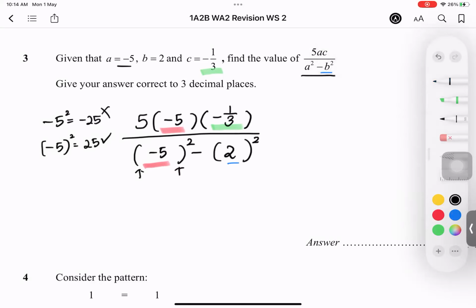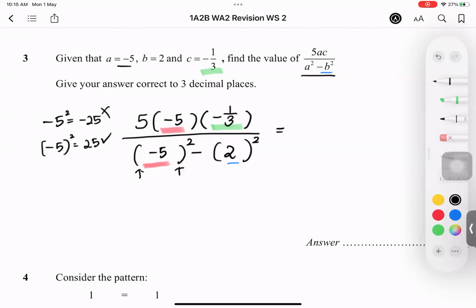Okay, then you key the whole of this into your calculator. 5 bracket -5. Okay, who is the next person? Somebody give me the number. Reader, after you calculate, what do you get inside your calculator? Is it a fraction, a number?